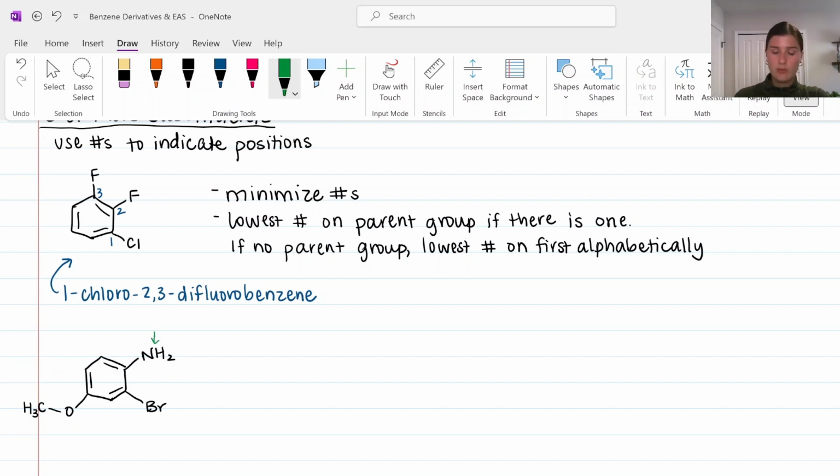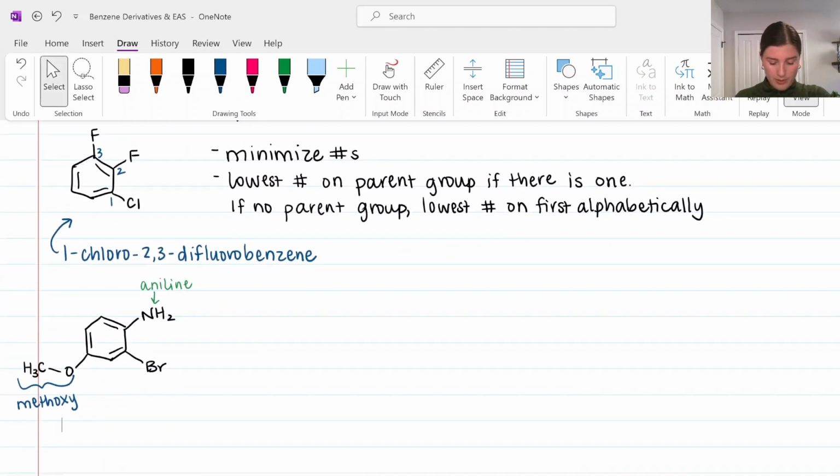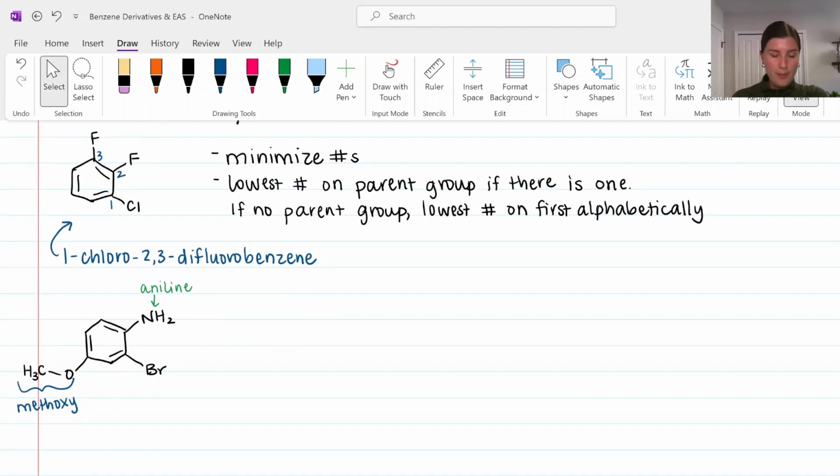Now, this was one of those common groups, so this is aniline. We have a bromo group, and then over here, this is a methoxy group. To minimize numbers, and we know we want to give the lowest number to the parent group, we will have carbon 1 right there. Carbon 2 is where bromine is bonded. Nothing on carbon 3, and then methoxy is bonded to carbon 4.